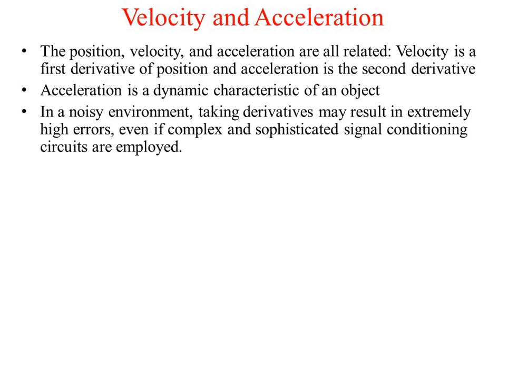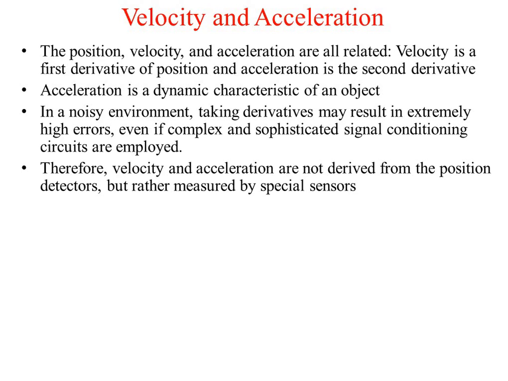The system becomes complex and sophisticated signal conditioning is required, so obviously the cost is going to increase. To avoid that, there is a need to design specific velocity and acceleration sensors for special applications.